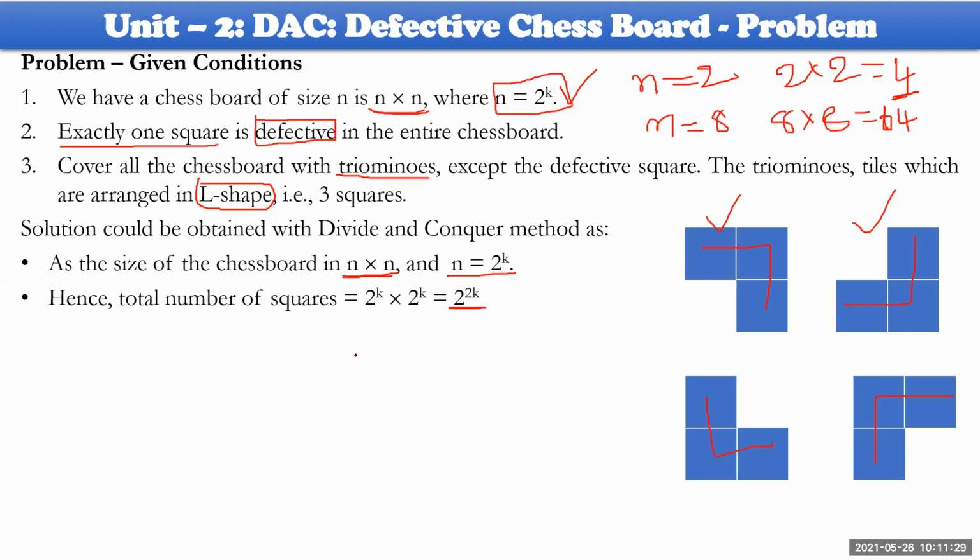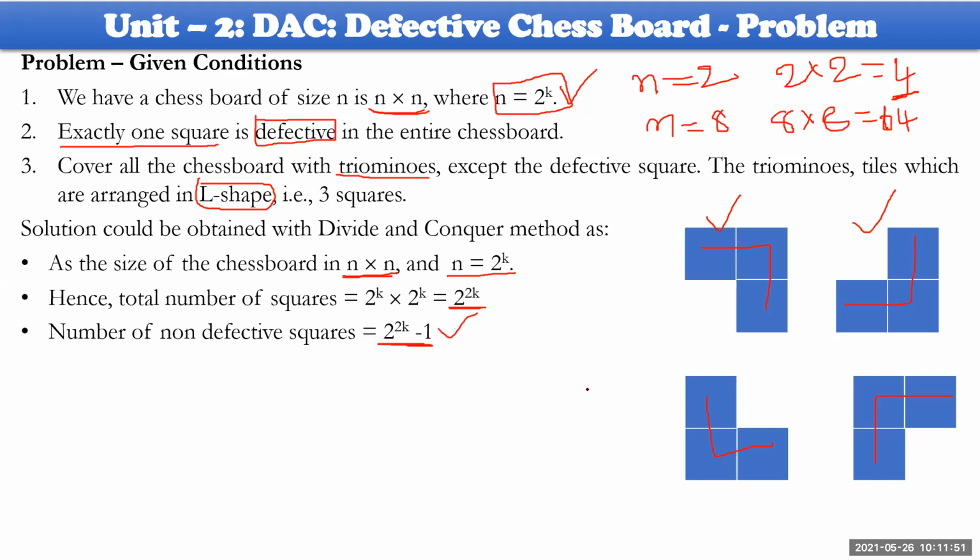And out of this 2 power 2k, how many defective squares are there? Only one. Therefore, the remaining good squares available with you is 2 power 2k minus 1.